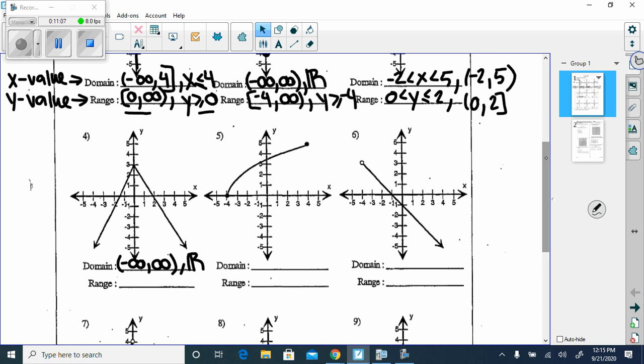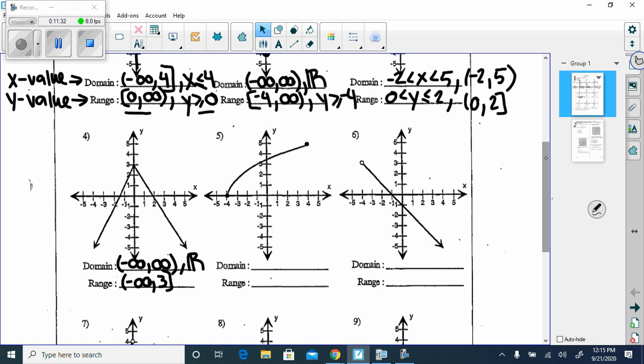Will this thing ever stop going down? No. Down would be negative infinity. And how high does this thing go? To 3. Is 3 open or closed? Closed. So I'll put 3 with a bracket. Okay.